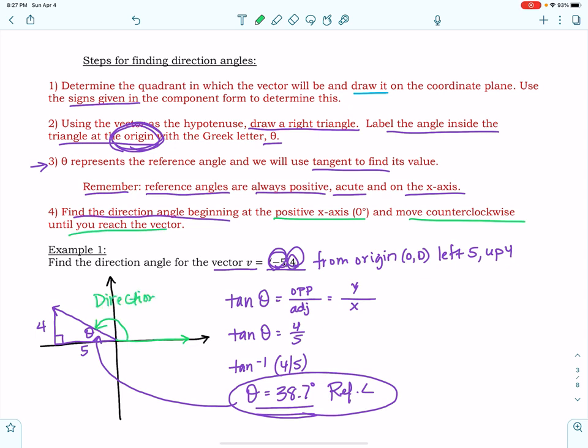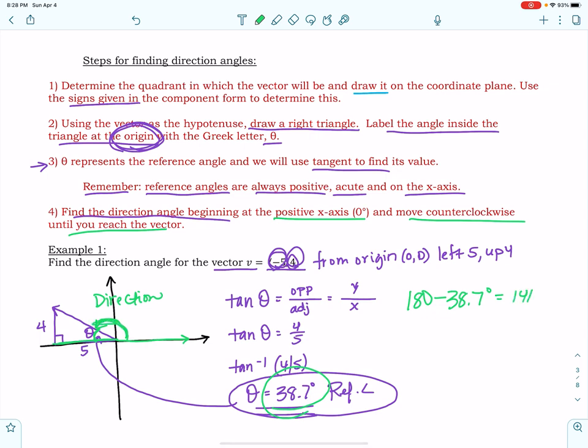The reason we needed the reference angle is because the direction angle in this particular situation plus the reference angle is 180 degrees. So if I take 180 degrees and subtract the reference angle from it, I am left with my direction angle, which is this angle right here.